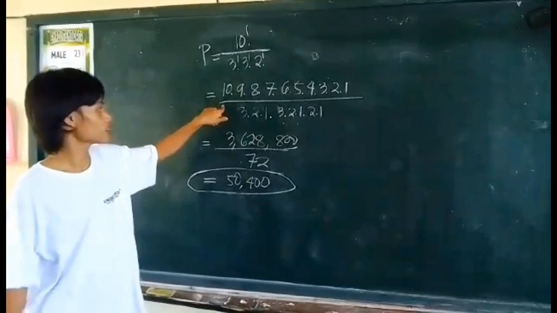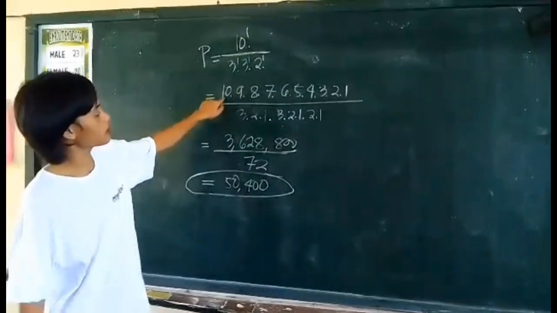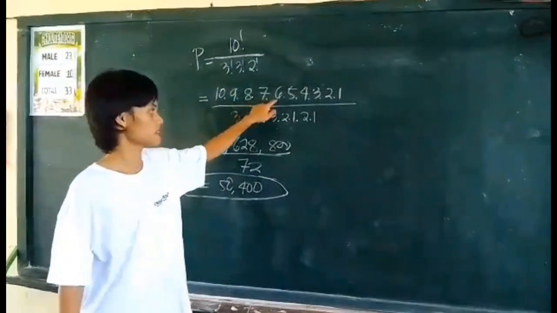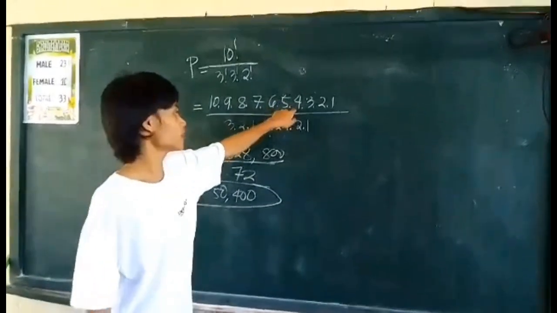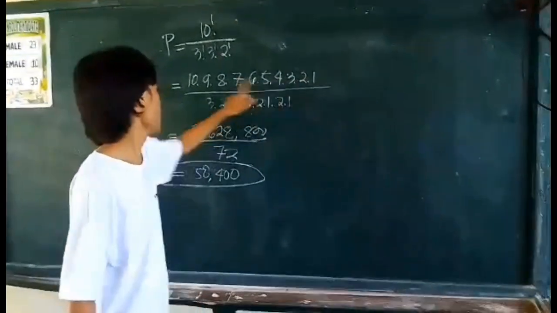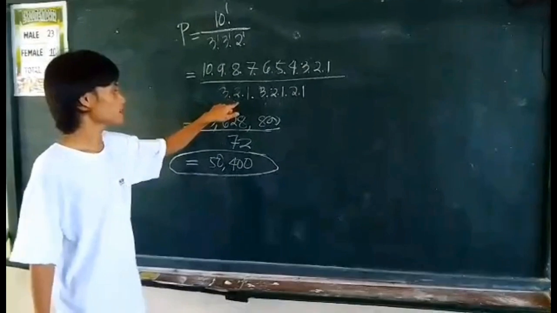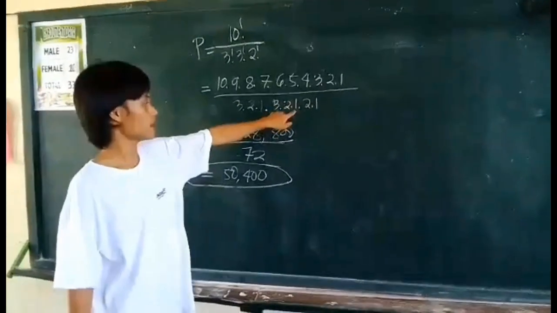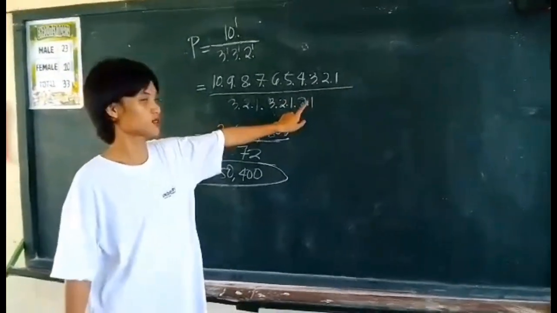10 factorial is equivalent to 10 times 9 times 8 times 7 times 6 times 5 times 4 times 3 times 2 times 1 over 3 times 2 times 1, 3 times 2 times 1, and 2 times 1.